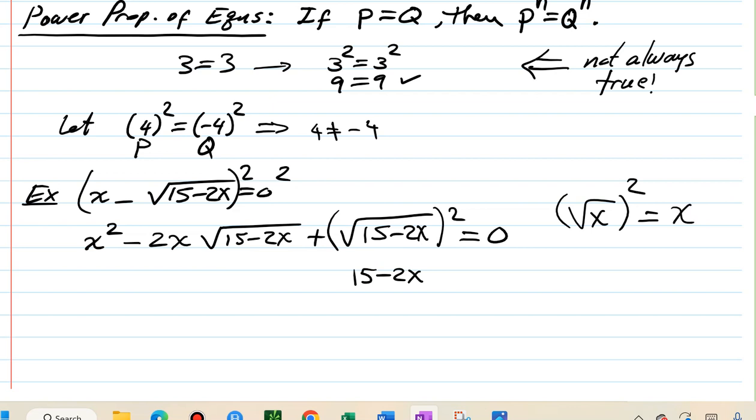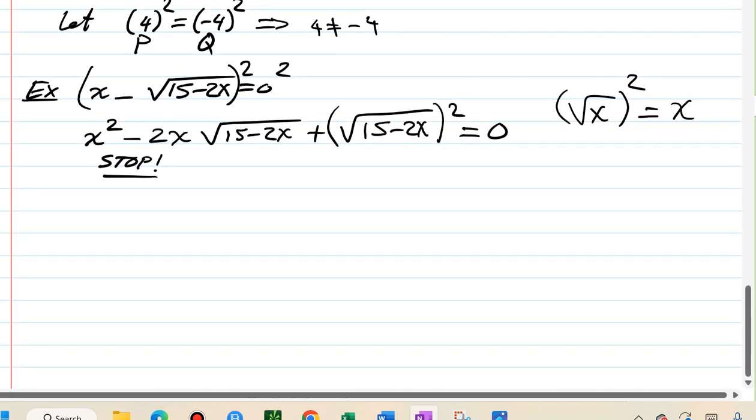You get the radicand back. So that's going to be 15 minus 2x. But see the trouble? Now I have a more complicated expression. So we're not going to do that. We're just going to stop here. That's why it's too early to square both sides.